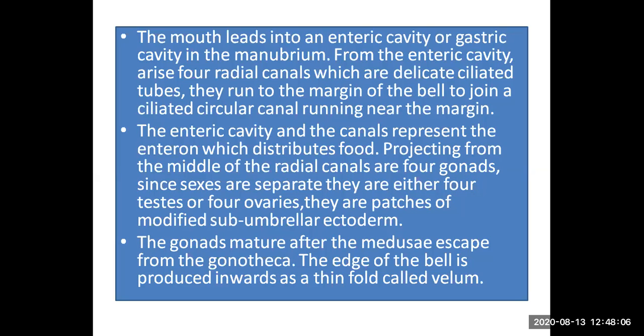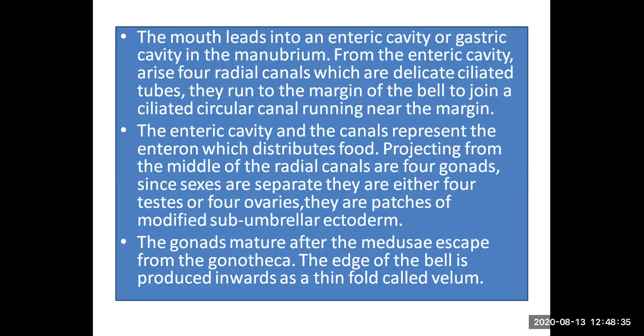Projecting from the middle of the radial canals are four gonads. Since sexes are separate, they are either four testes or four ovaries. They are patches of modified sub-umbrella ectoderm. The gonads mature after the medusa escapes from the gonotheca.